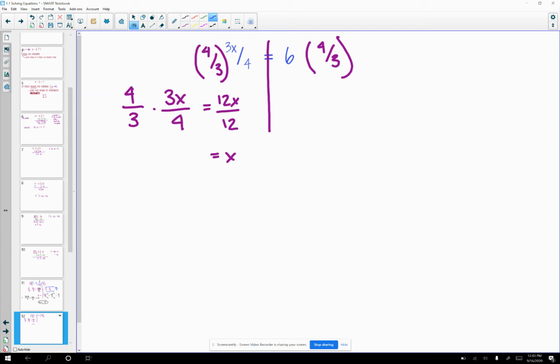And on the right side, I'm going to put my 6 over a 1. And now I am ready to do 6 over 1 times 4 over 3.